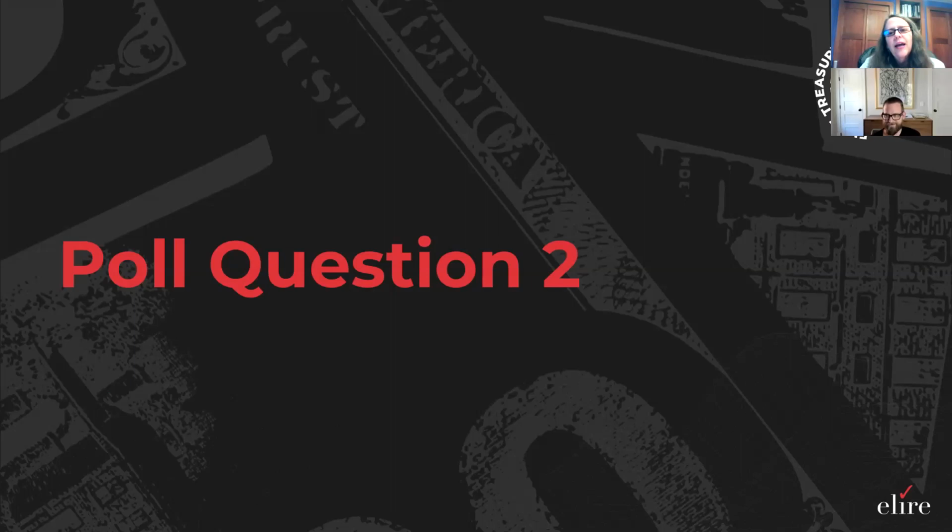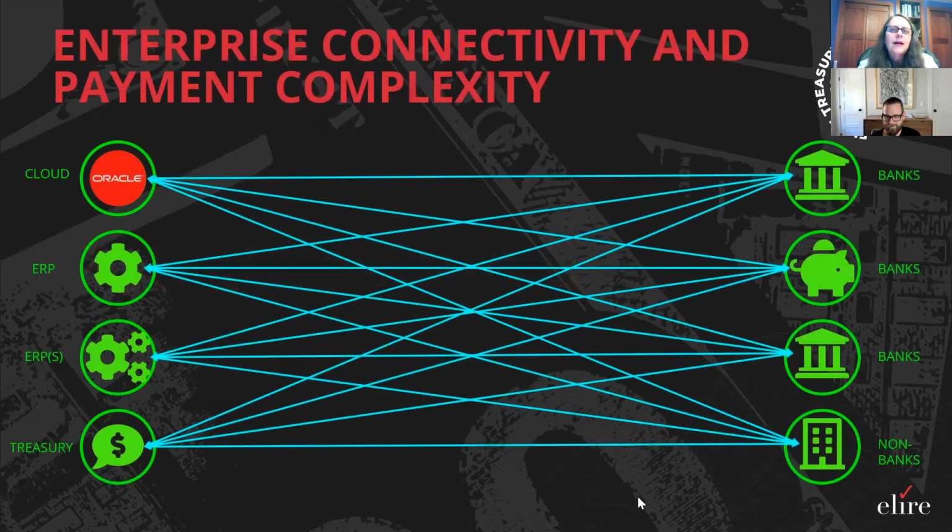I'm going to move ahead now and just briefly focus on what we call the spaghetti diagram. In terms of traditional connections built between your Oracle Cloud system and all of your banks, this diagram is pretty typical when I talk to most organizations.